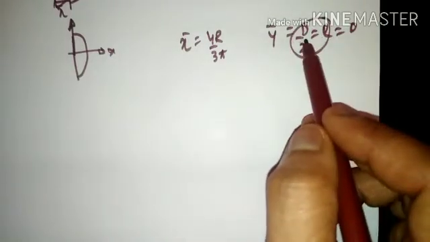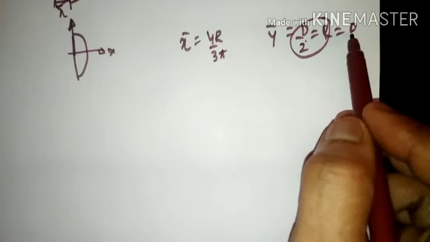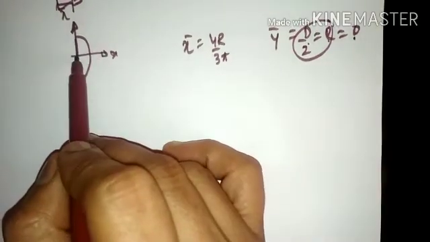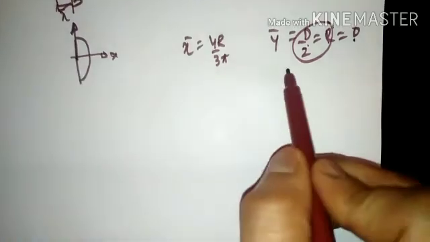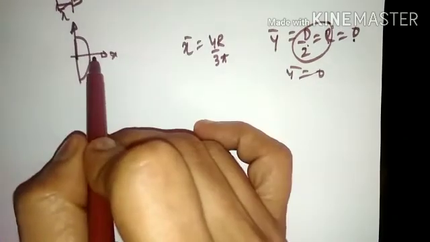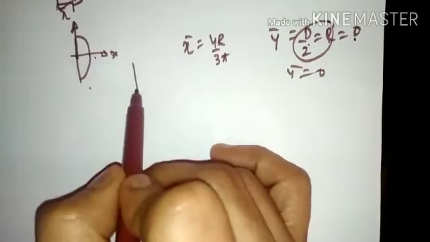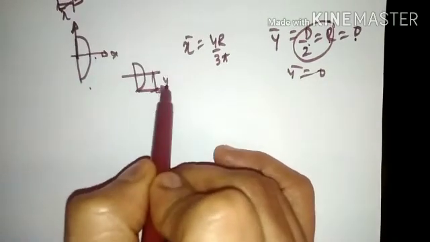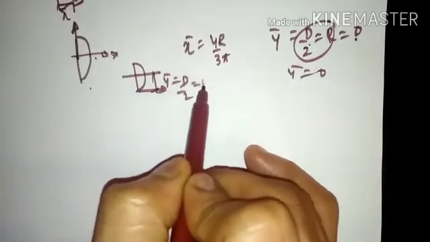Whether we need to consider d by 2 or r or 0 depends upon where exactly the origin is. If the origin is placed at the center, then y bar would be 0. If the same origin is shifted downward, like this, in this particular case y bar would be d by 2 or r.